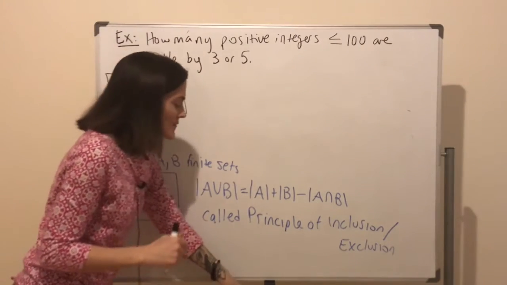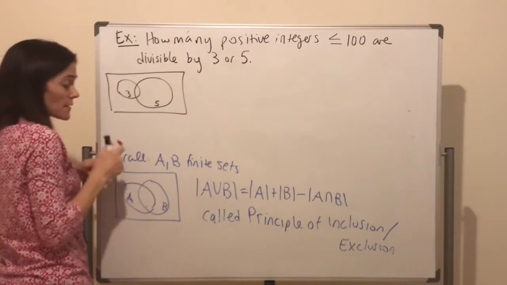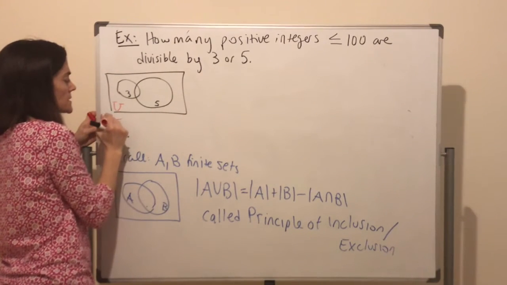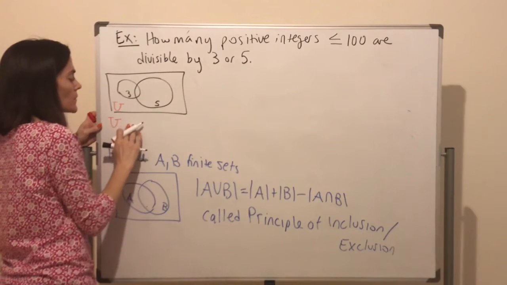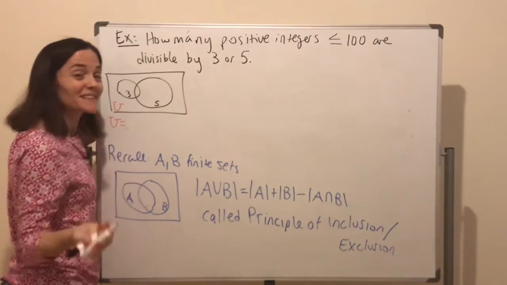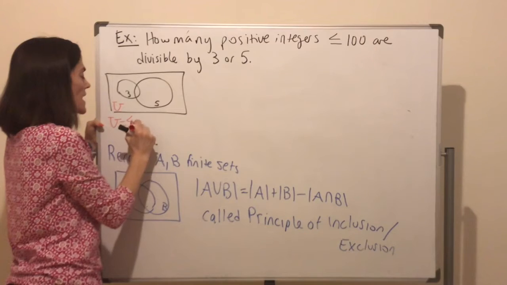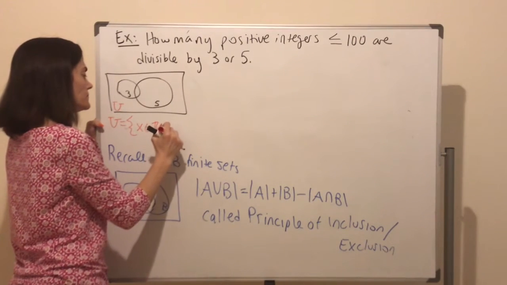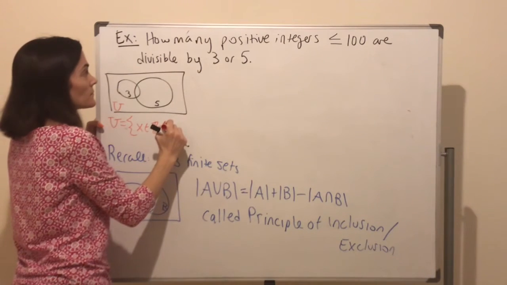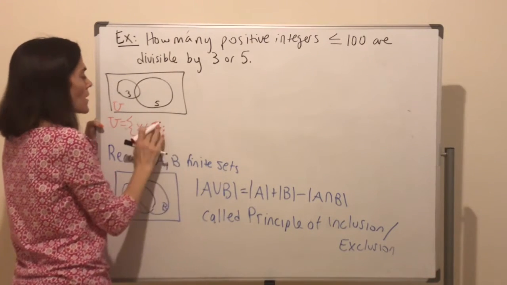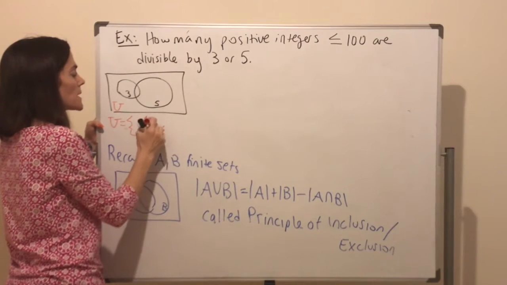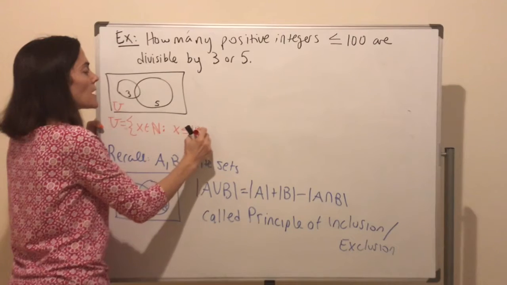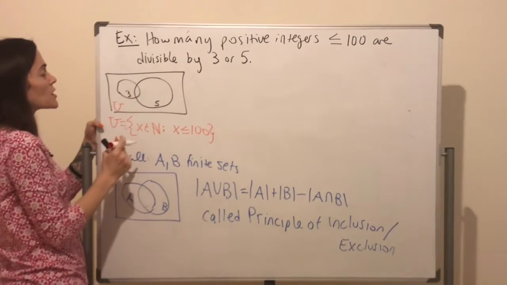So for instance, if I think about my universe out here, U, this U consists of, say, I'll write it in set builder notation. It's all x in N, positive integers, such that x is less than or equal to 100. Okay, that's my universe.